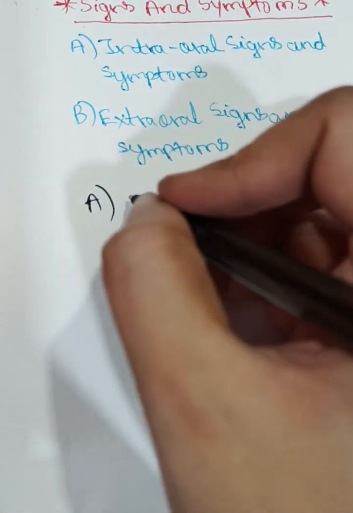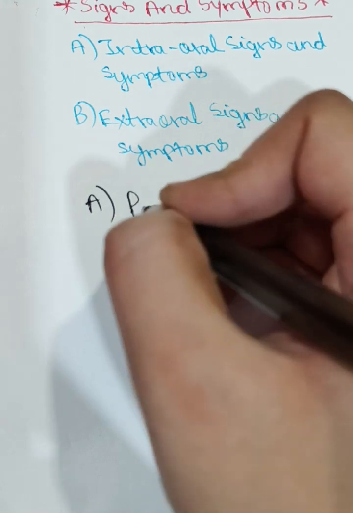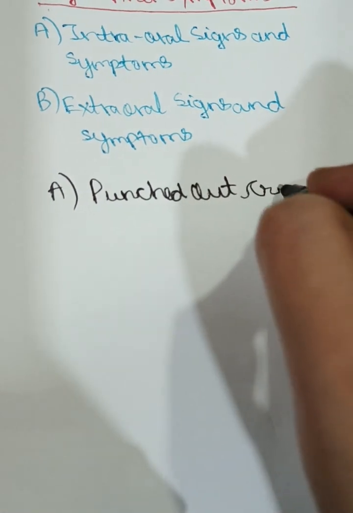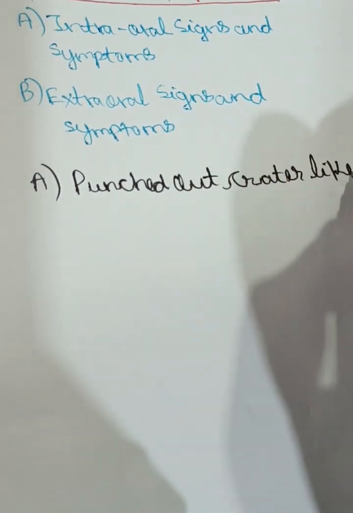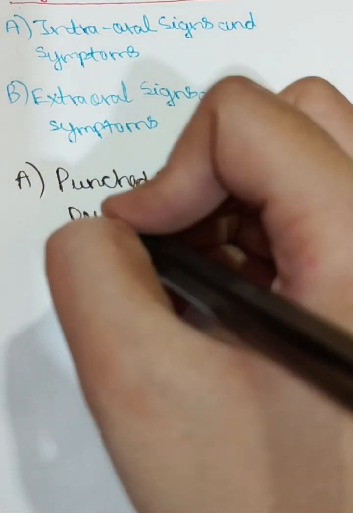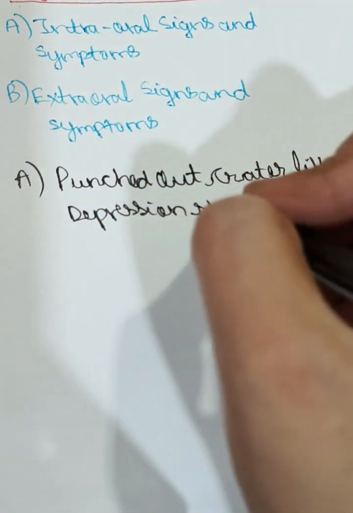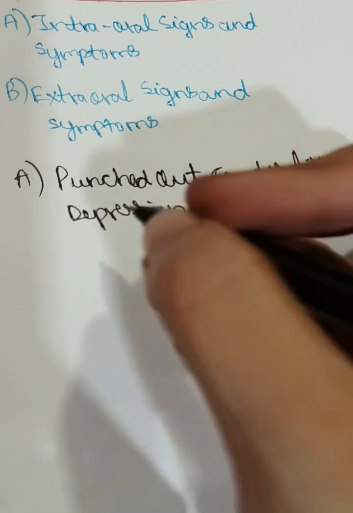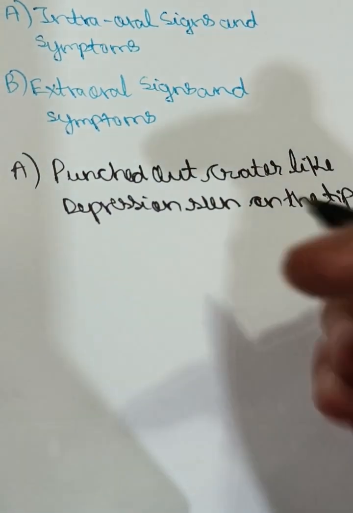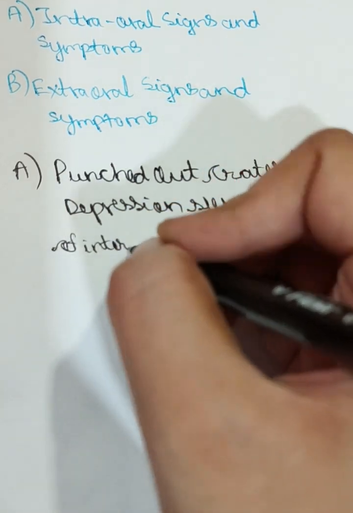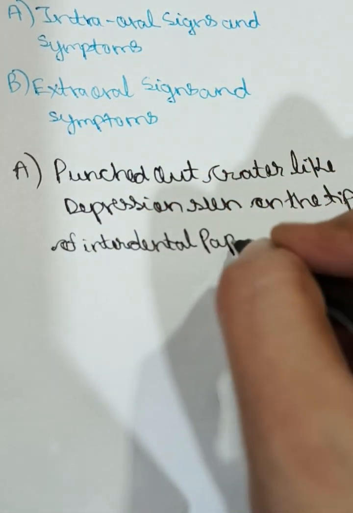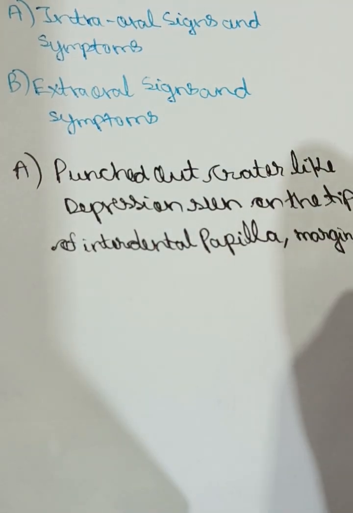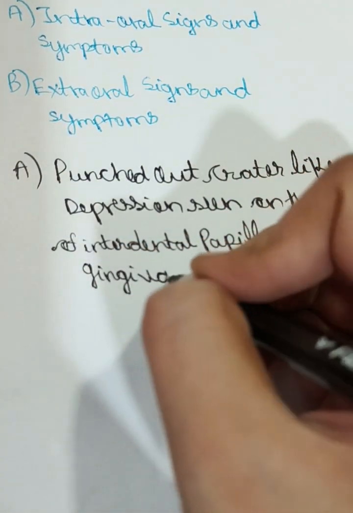Intraoral signs include: there is a punched out, crater-like depression seen on the tip of the interdental papilla and the marginal gingiva.